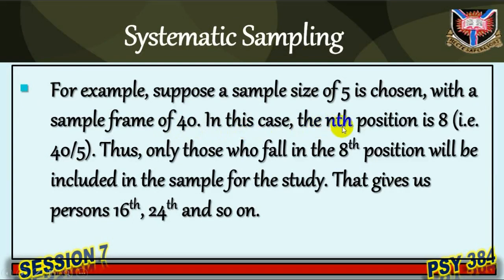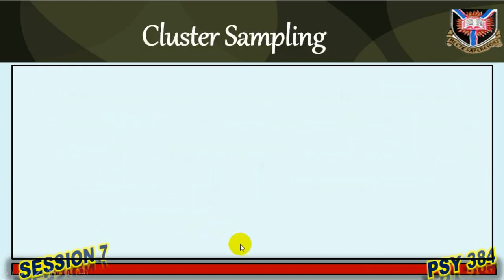In this case, the nth position is 8, that is 40/5. Thus, only those who fall in the 8th position will be included in the sample for the study. That gives us person 16th, 24th, and so on.